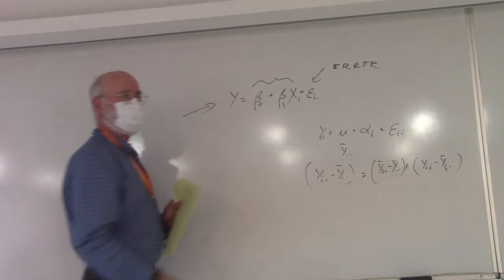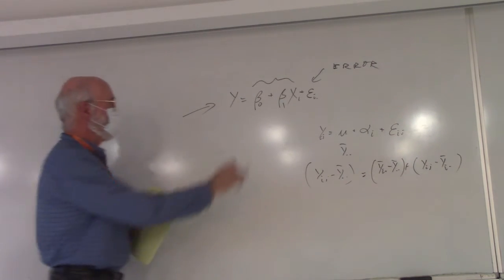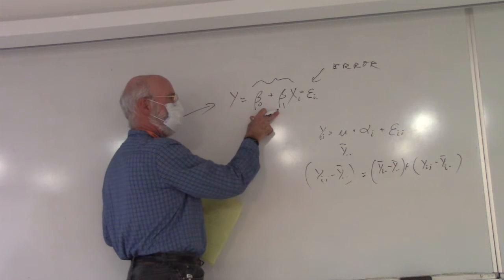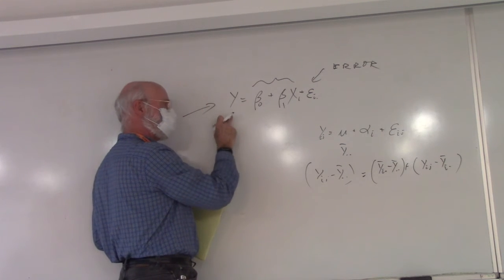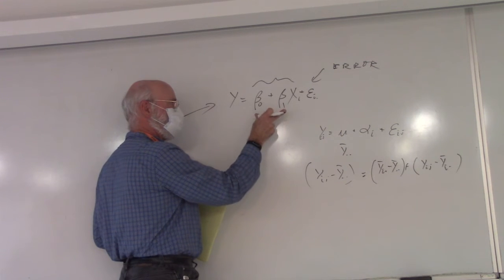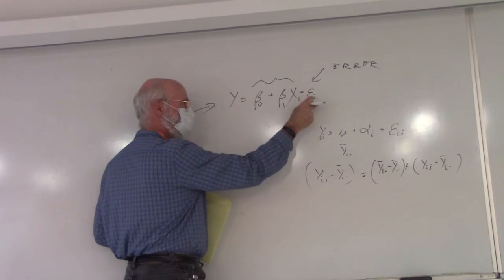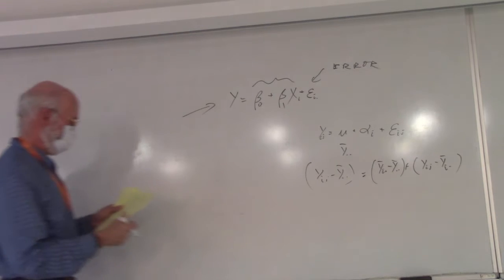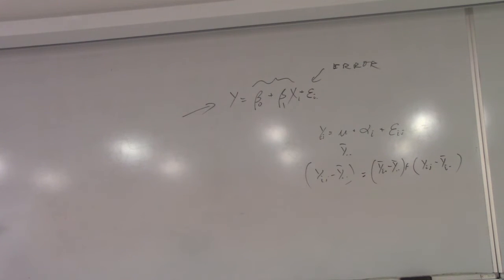Well, the xi's are constant, right? The betas are constant. And what that means is the expected value of this term right there is going to be this plus the expected value of that.